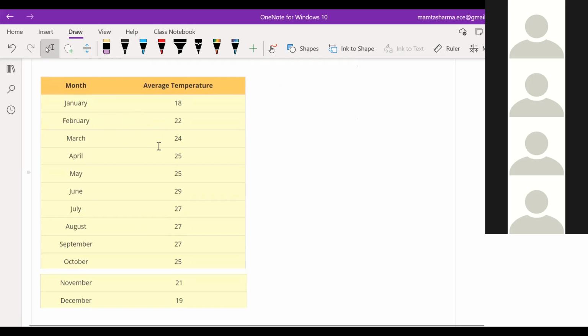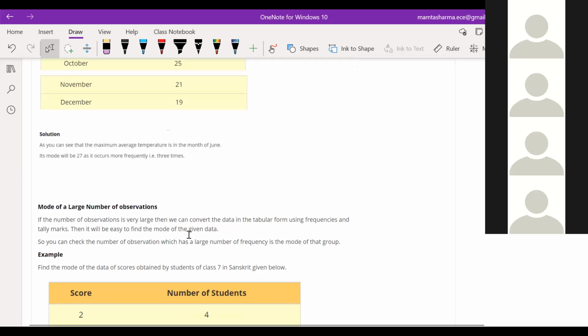These are the average temperatures for January, February, March, April. Tell me which data is coming more frequently. 27 is coming 3 times. 25 is coming 2 times. Since 27 is coming 3 times, 27 will be the mode of this data.